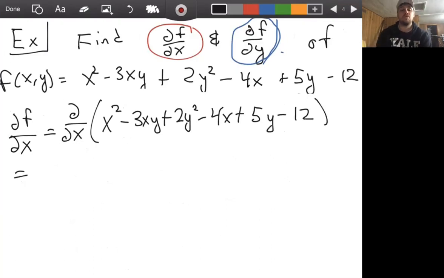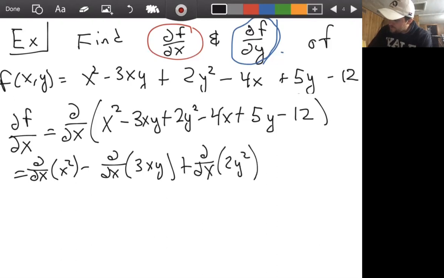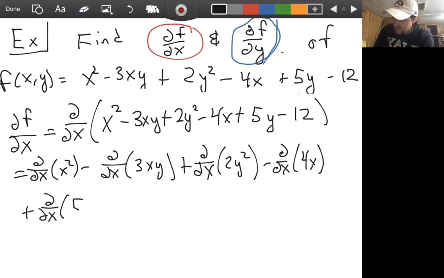What derivative rules do we know from single variable? Well, we know that the derivative splits over addition and subtraction. So this is the partial derivative with respect to x of x squared, minus the partial derivative with respect to x of 3xy, plus the partial derivative with respect to x of 2y squared, minus the partial derivative with respect to x of 4x, plus the partial derivative with respect to x of 5y, minus the partial derivative with respect to x of 12, right?